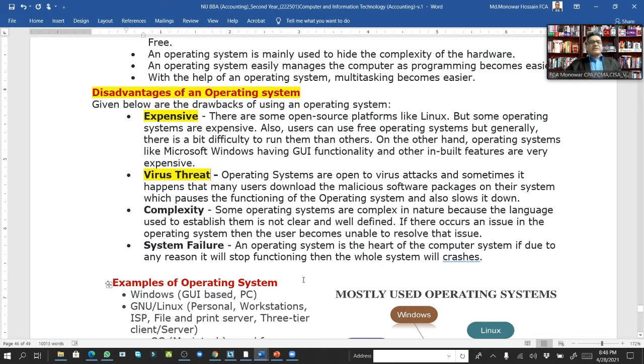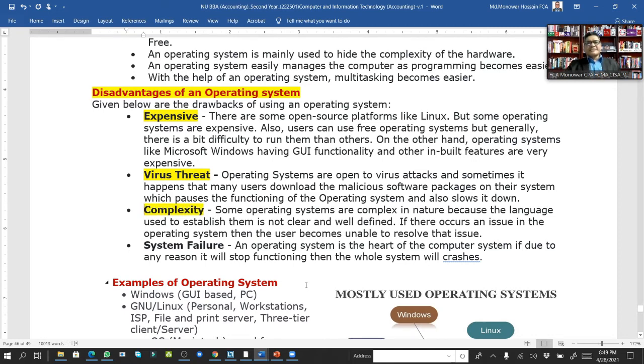Another disadvantage is the virus threat. Operating systems are open to virus attacks, and sometimes many users download malicious software packages on their system, which hamper the function of the operating system and also slow it down.